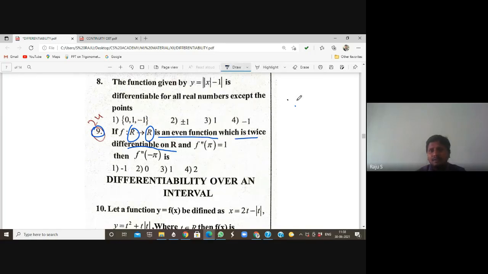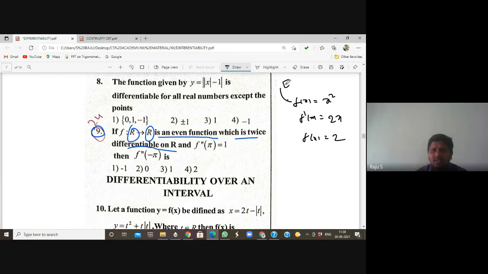For example, I'm taking f of x is equal to x square, f dash of x is 2x, f double dash of x is 2.